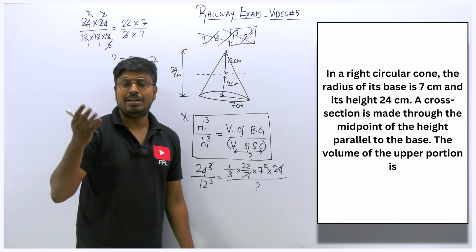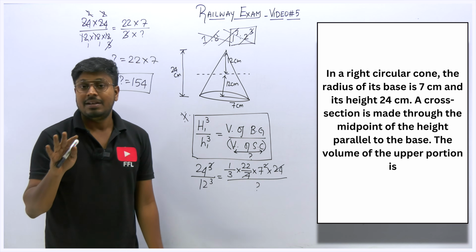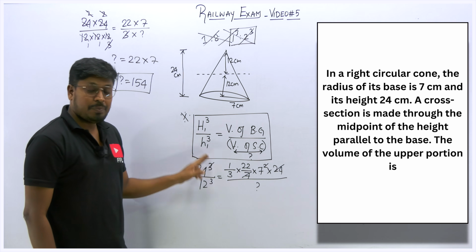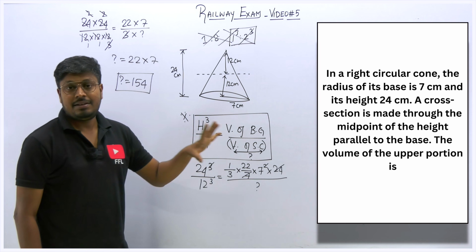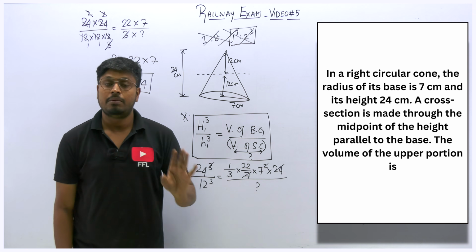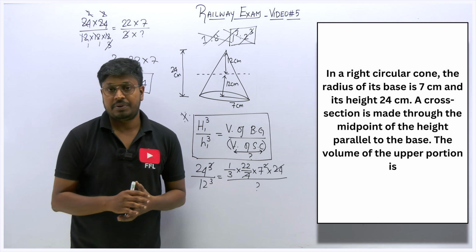Whenever you cancel the value, it becomes 1:8 or something like that. So that's the reason they are putting a cube here. I will teach you all those properties later on, but in this video, just remember this formula alone. That is enough to solve the question.